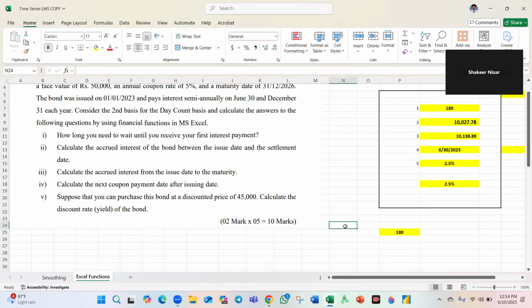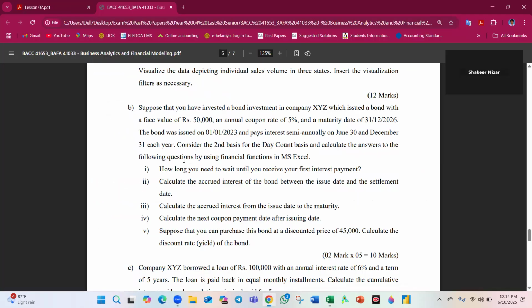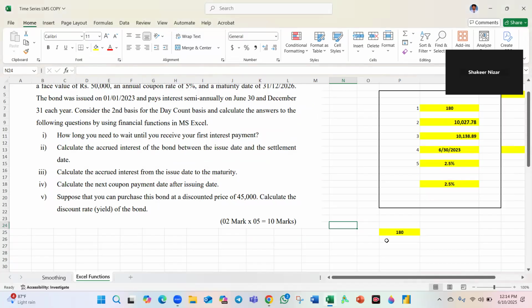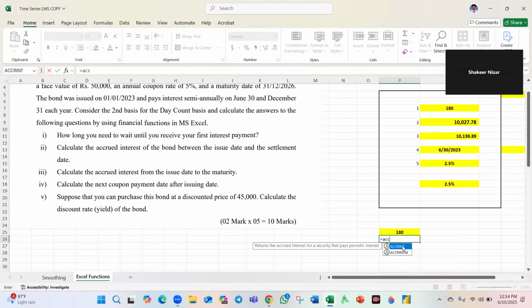The second one: calculate the accrued interest of the bond between the issue date and the settlement date. Calculate how much interest accrues between the issue date and the settlement date. The first interest is paid on 30th June 2023. It means we need to use the ACCRINT function.